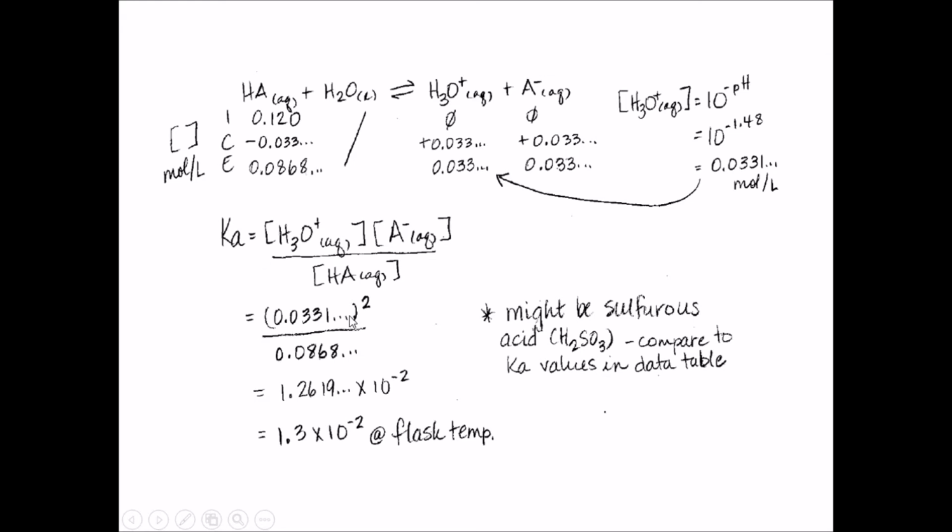So Ka is equal to the following calculation, which then finally is equal to 1.3 times 10 to the negative second. If we look in our data booklet and compare this value to known Ka values of weak acids, we will find out that this acid is probably sulfurous acid.